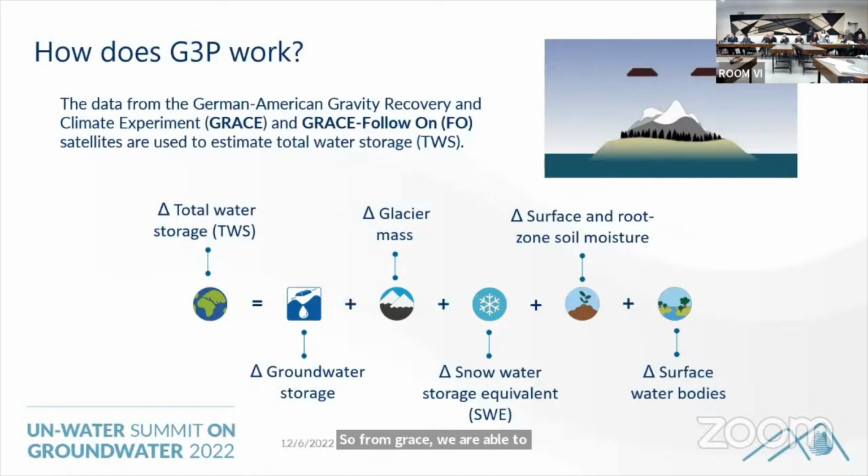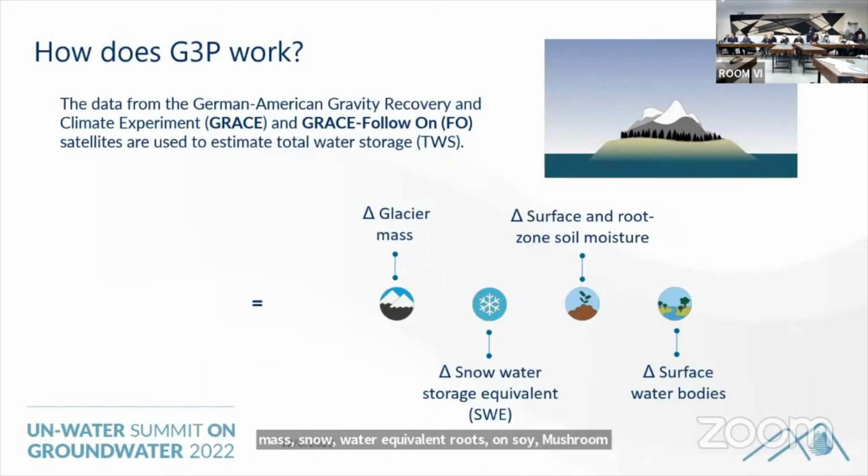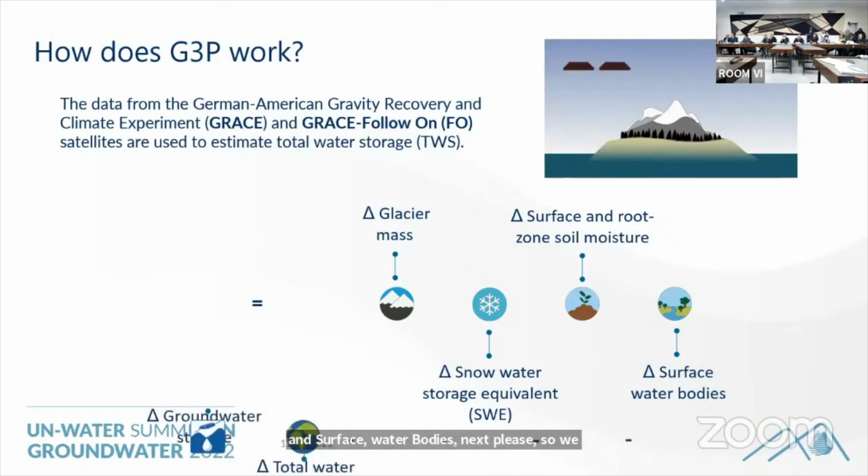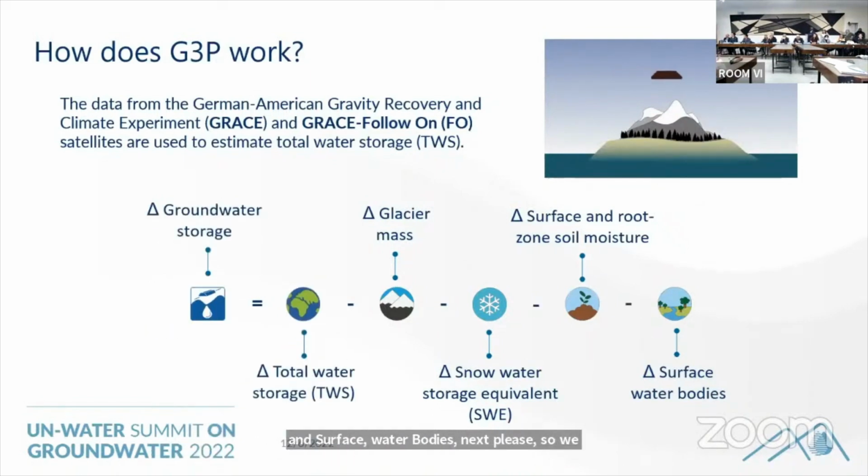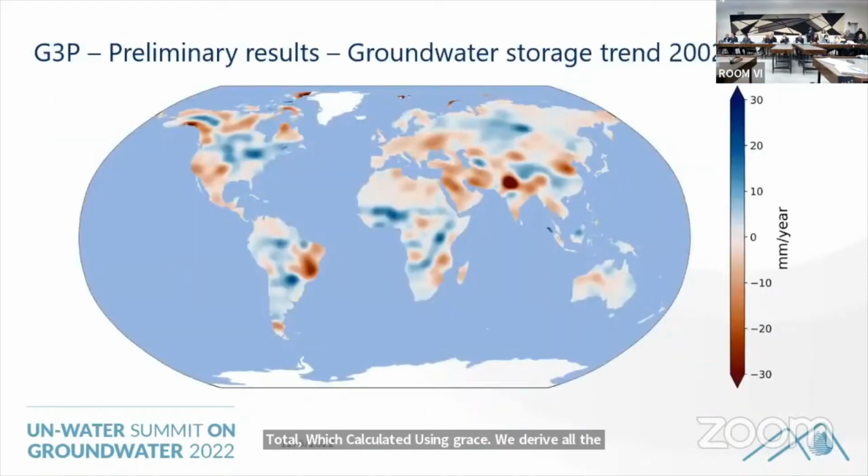And if you think about it, the total is made up of different parts: change in groundwater, in glacier mass, snow water equivalent, root soil moisture, and surface water bodies. So if we modify this equation a little bit, we can derive groundwater from the total. So the total, which is calculated using GRACE, we derive all the other components which are derived from Copernicus, and then we have the total groundwater storage change.